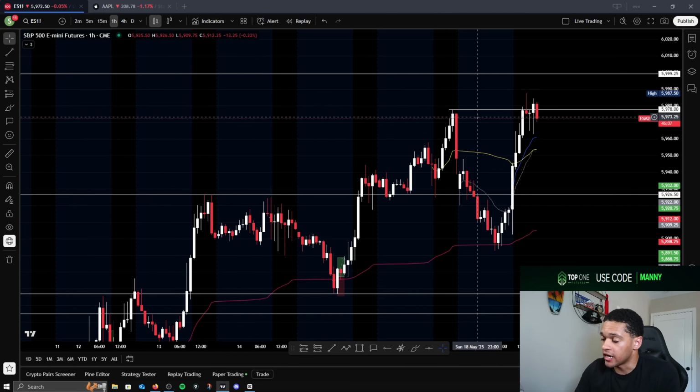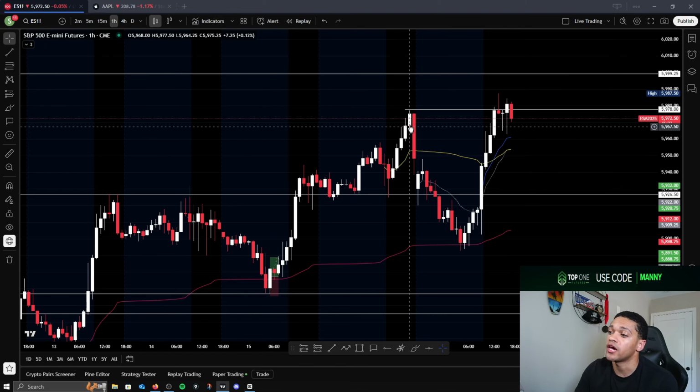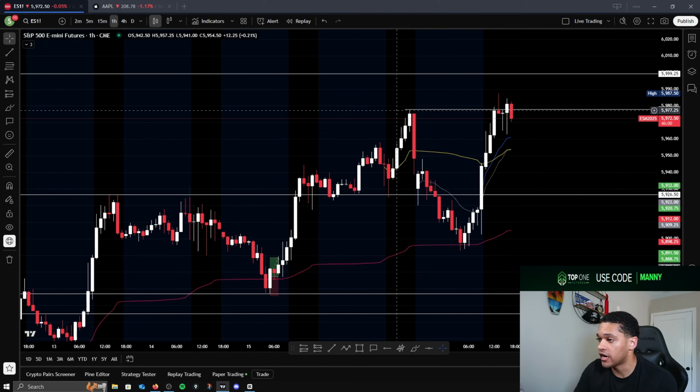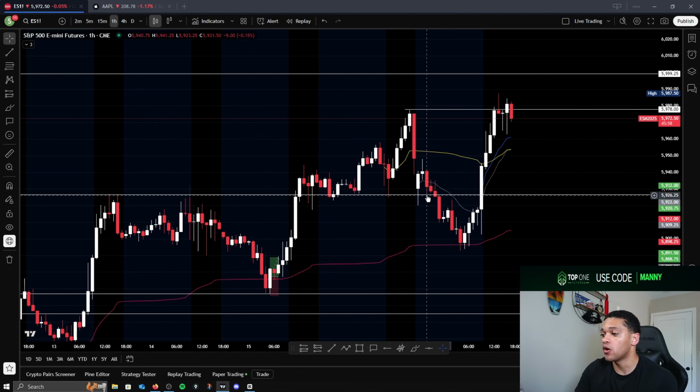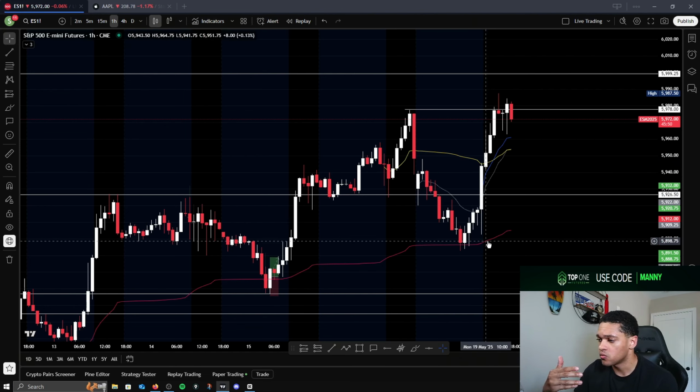So what I mean by that is, going into today's session, I was looking at price action like, okay, yesterday we made a higher high in the general trend. So if I want to get in long, I need to wait until price pulls back and makes a higher low. So if we're looking at the chart, what are some areas that would be interesting for me to wait for price to reach to see if we form a higher low?